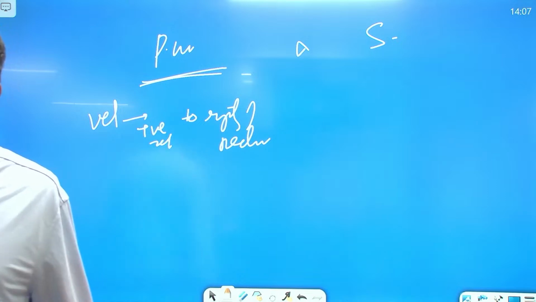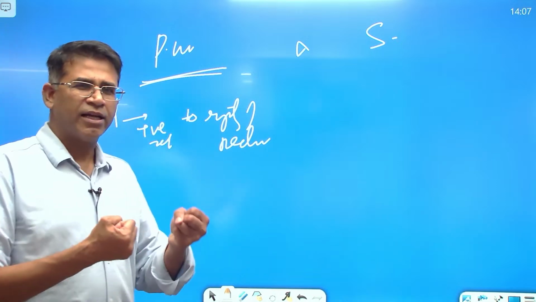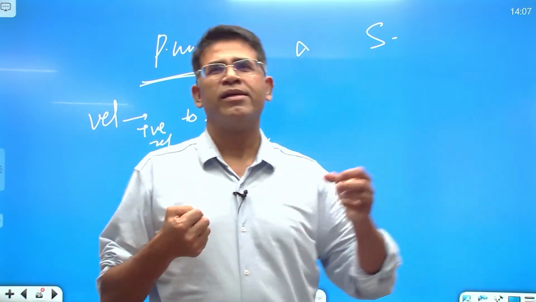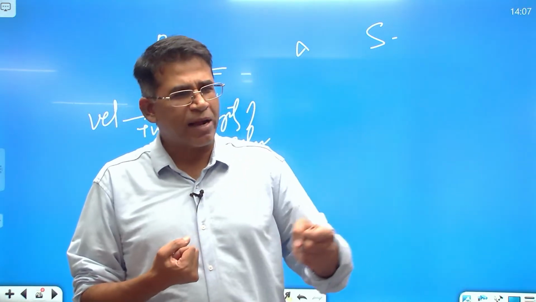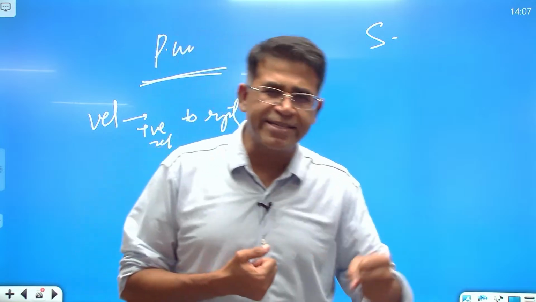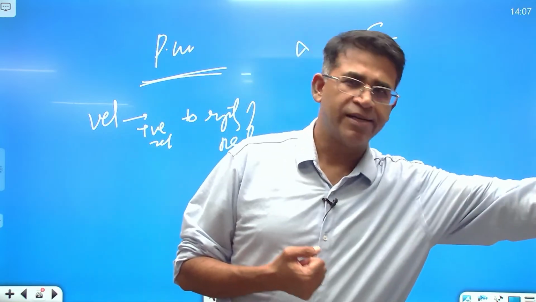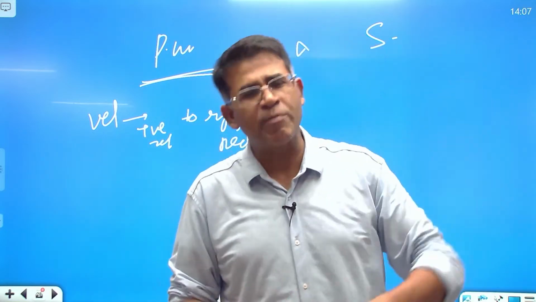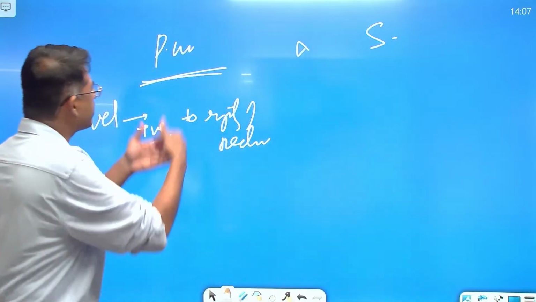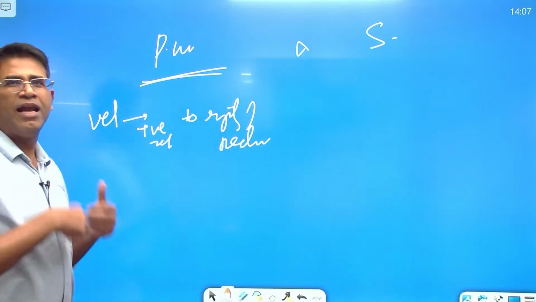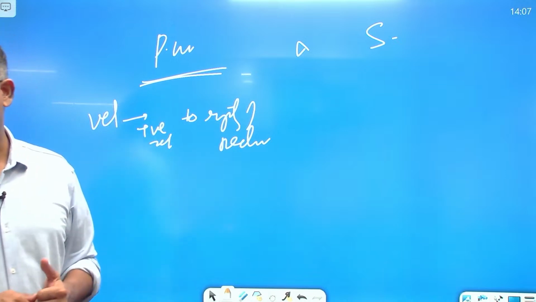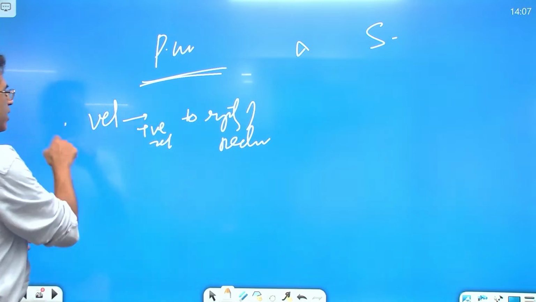Which means what? More rigid, P will move fast. Less rigid, P will become slow. More rigid, S becomes fast. Less rigid, S also becomes slow. So more rigidity, more velocity. Less rigidity, less velocity. That's one.